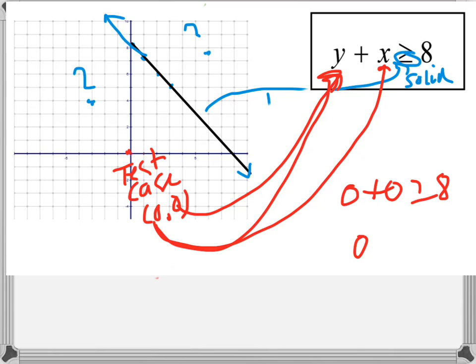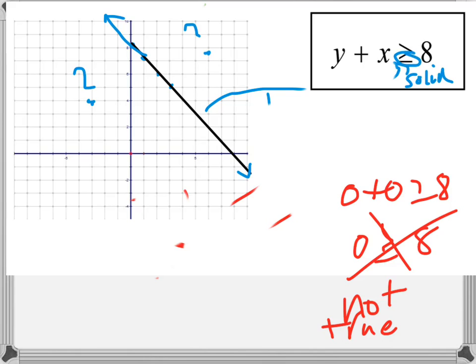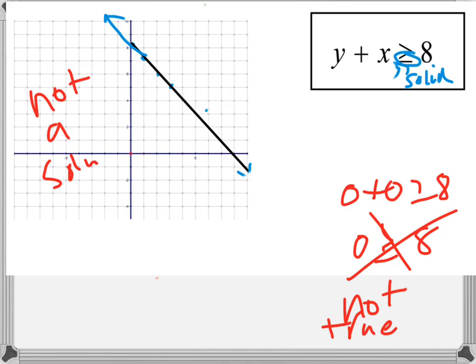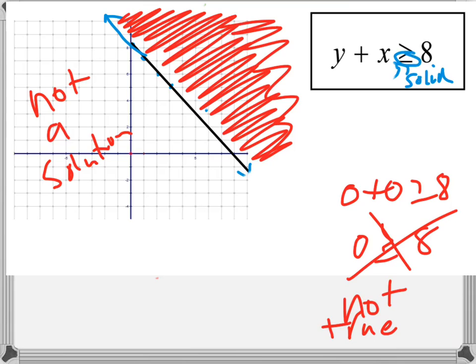Is that true? 0 greater than or equal to 8. Not true. So that side right there is not a solution. So this side, not a solution. Okay, so that's a solution.